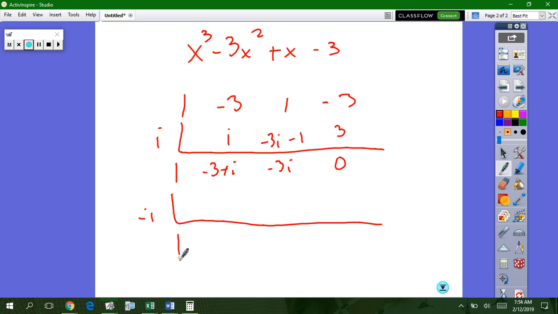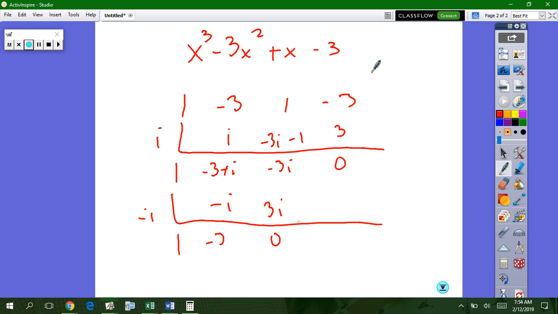And as we do this one, here we go. Negative i times 1 is negative i. Negative 3 plus i minus i becomes negative 3. Negative i times negative 3 is 3i, and we get 0. Notice this was x cubed. This is x squared. What's this? Just x. And so notice here's my zeros that I've already picked, right?